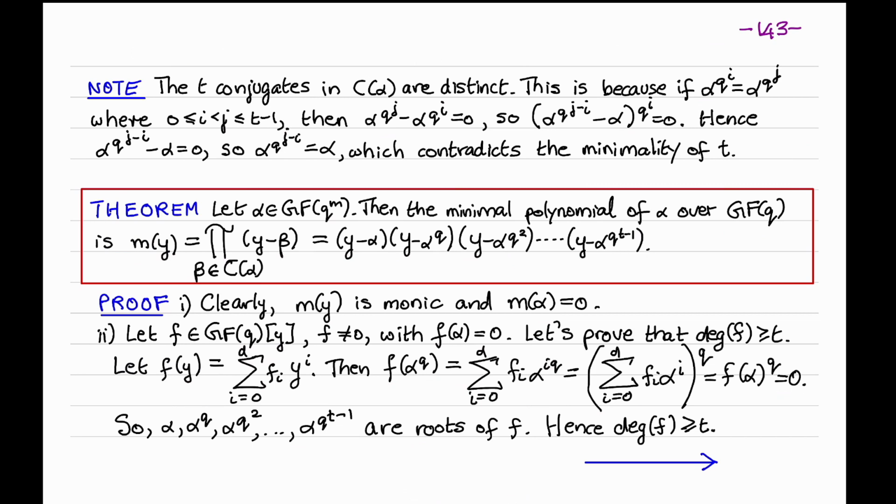And so we see that alpha to the q is also a root of f. Repeating this argument, we see that all the conjugates of alpha are roots of f. Since there are t distinct conjugates, this means that f has at least t linear factors, and hence its degree is at least t.